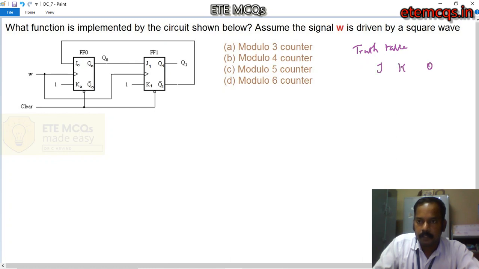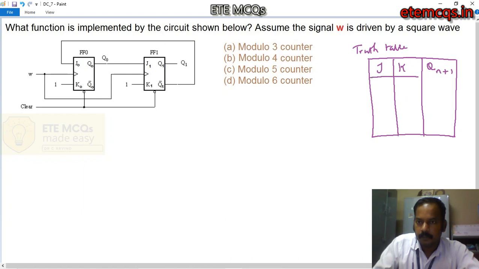JK, the output is represented by Q. Let the next state output be represented by Q of n plus 1 and the present state output be represented by Qn. So it is the truth table of JK flip-flop.